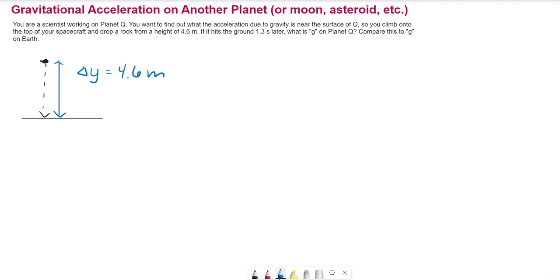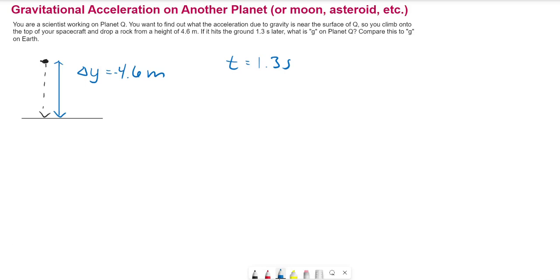And we know that t is equal to 1.3 seconds. So it takes 1.3 seconds for it to fall. And this delta y is actually negative because we're starting off from a higher point and ending at a lower point. So it's falling downwards. So delta y, y final minus y initial, is negative 4.6 meters.